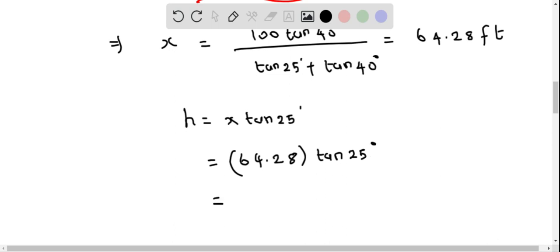We can plug this into the calculator, and when we do that, we get 29.97 feet, which is approximately equal to 30 feet. So therefore we say that the helicopter is flying at a height of 30 feet from both the observers.